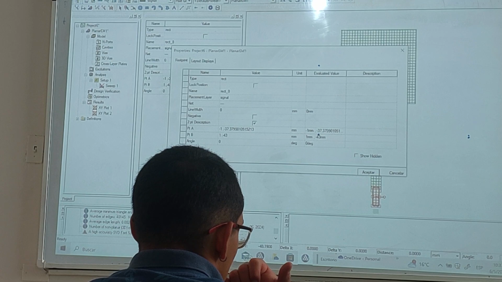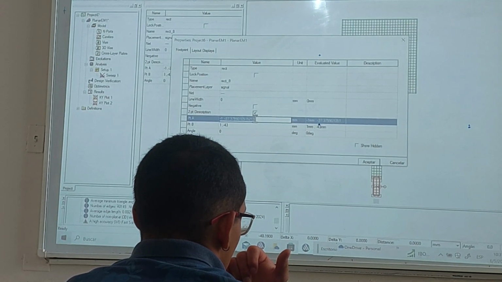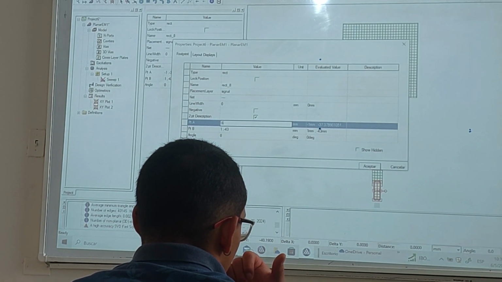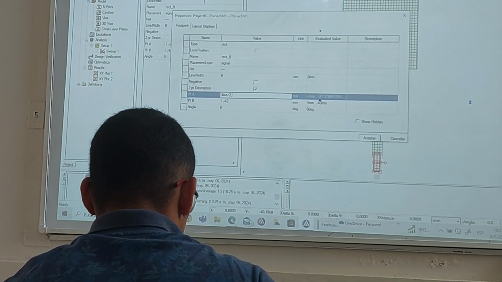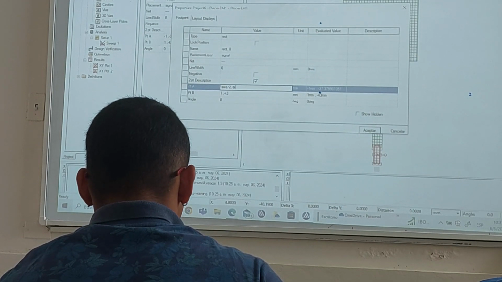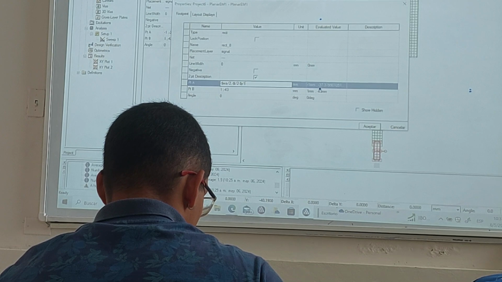Then we go to the first point that is in the left side for you. It's minus $WA divided by 2 in X and minus $L divided by 2 minus $Y1.